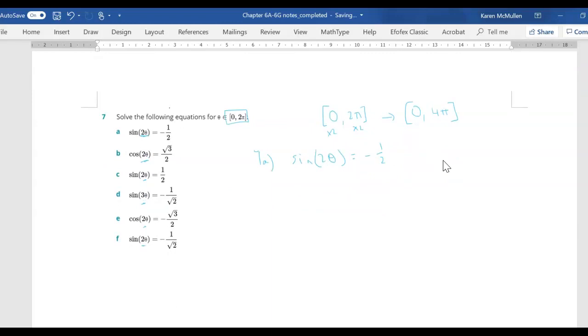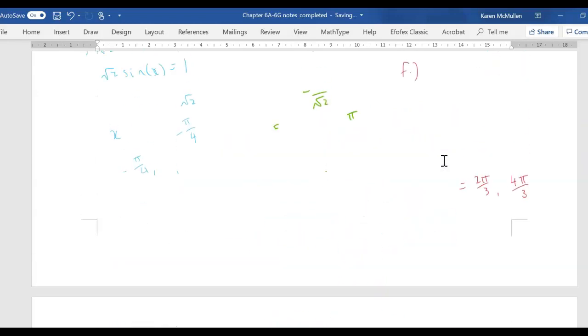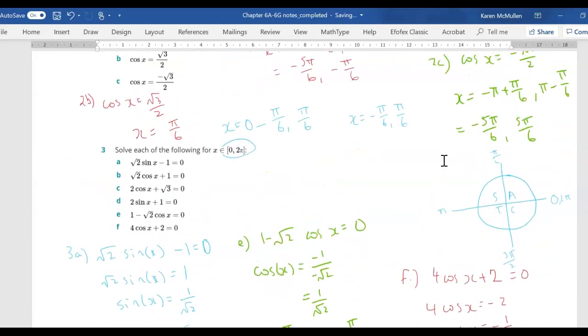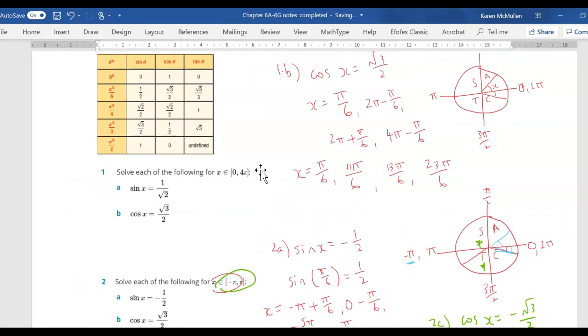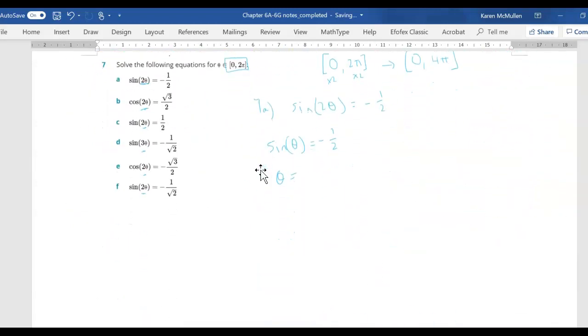So if we had sine theta equals -1/2, theta is equal to, let's go up, what was a half? Pi on 6. All right, what I should have done here is positive. Okay, so pi on 6.